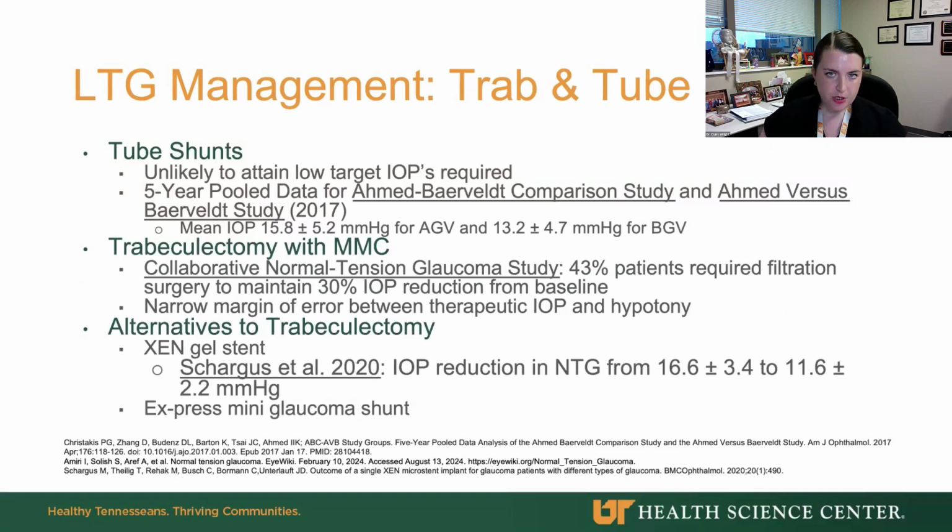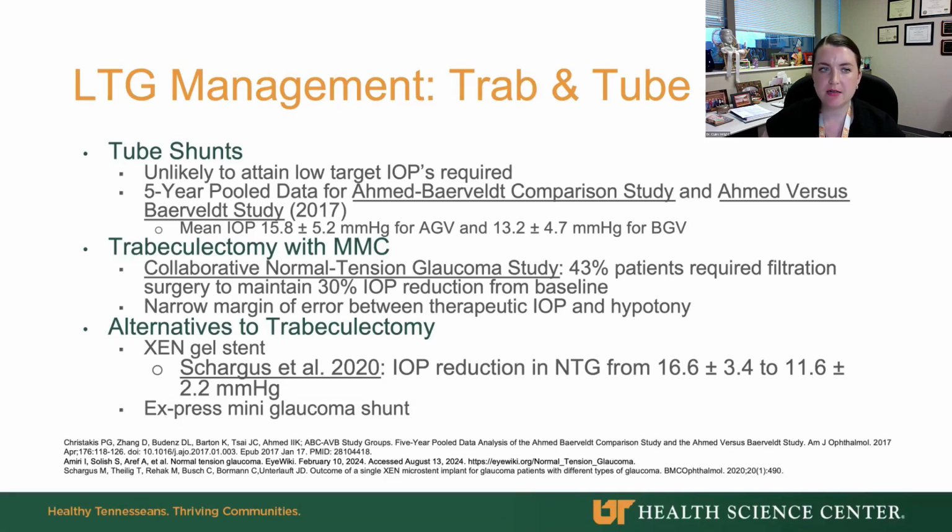So I do now want to talk about the use of trabeculectomy and tube shunts for these patients. So a word on tube shunts first. We know based on the 5-year studies comparing Ahmed versus Baerveldt that the mean pressure obtained by these is going to be in the low to mid-teens with or without drops.